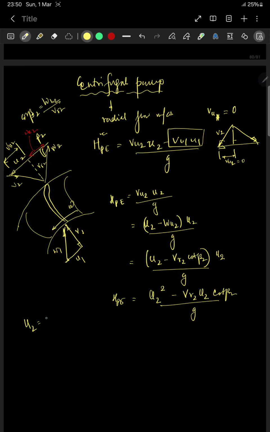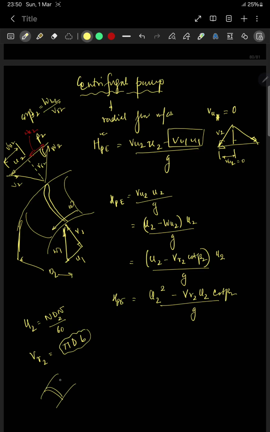Now U2 can be written as pi D2 N by 60, where D2 is the diameter of the blade tip, and Vr2 can be written as Q divided by pi D2 b, where pi D is the circumference and b is the width. This is the area.